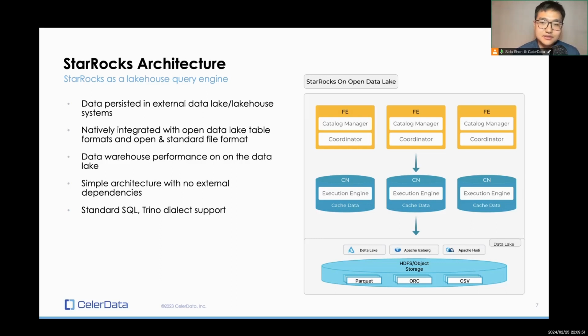Table formats such as Delta Lake, Apache Iceberg, Apache Hudi have open standard file formats such as Parquet, ORC, even CSV. And StarRocks is built to deliver data warehouse-like performance on the data lake, so you can unify even the most demanding workloads on your data lake.